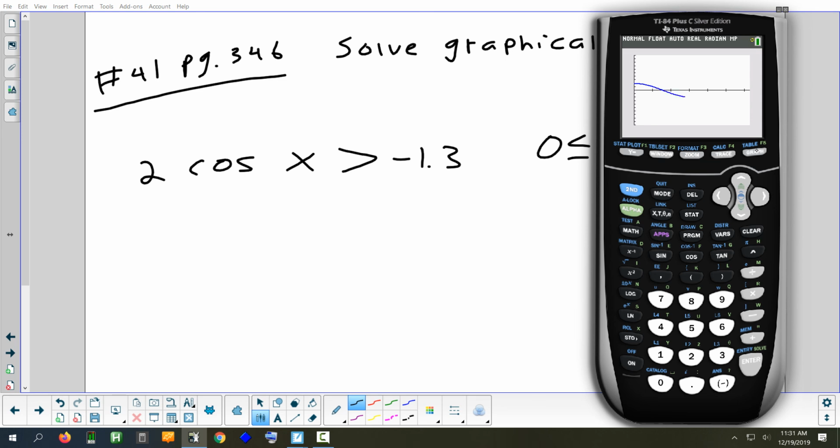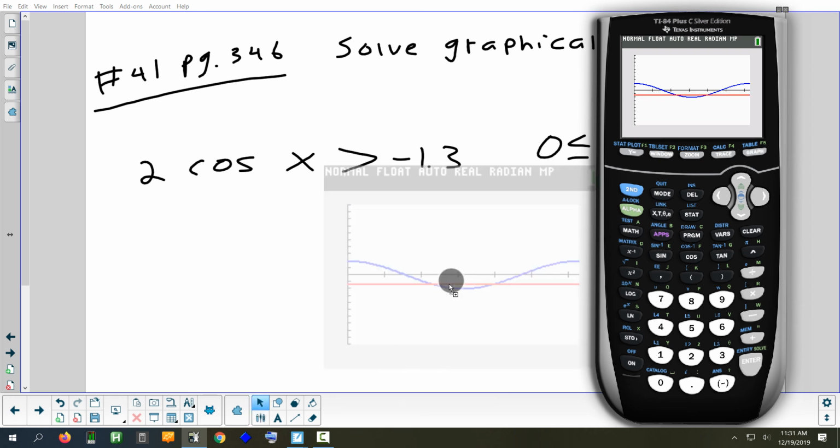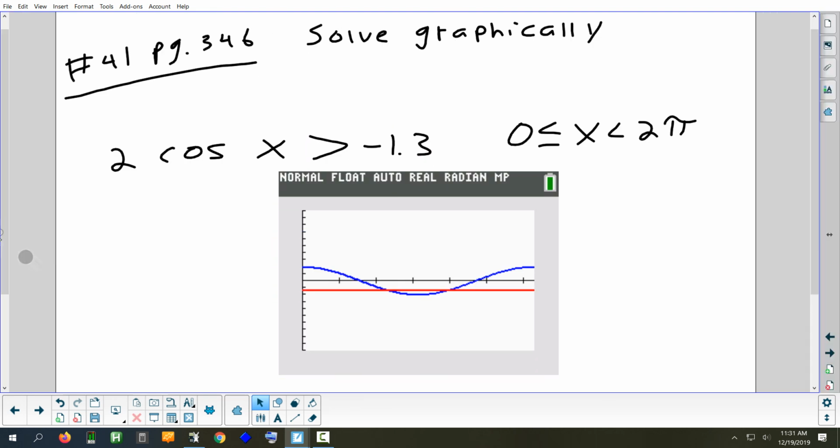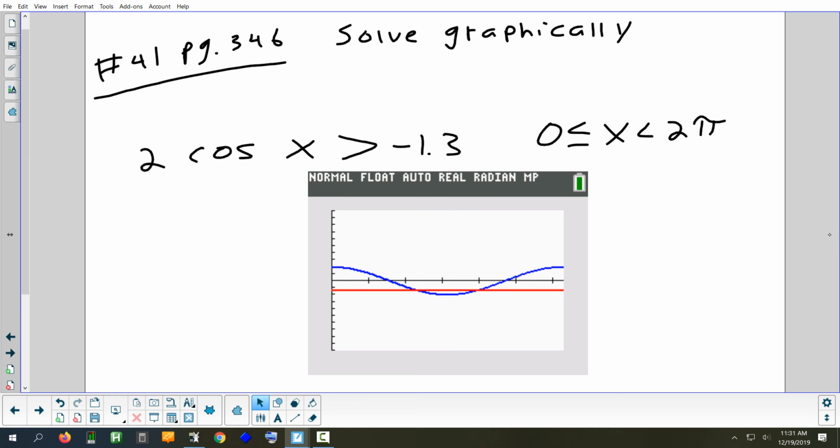It could, so read the directions on the test. And you're looking for where the cosine function is above -1.3. How many spots is the cosine function above -1.3? How many sections, or section if it's only one?